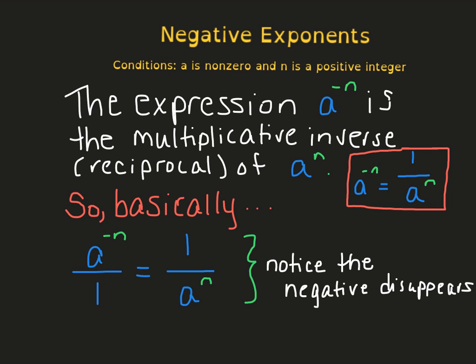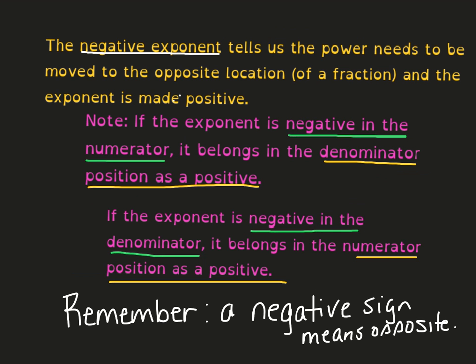Okay, so when you do the reciprocal or the flip, that's why this 1 comes up here, and this a to the negative n comes down here, but something drops off. The negative drops off, okay? That negative disappears.